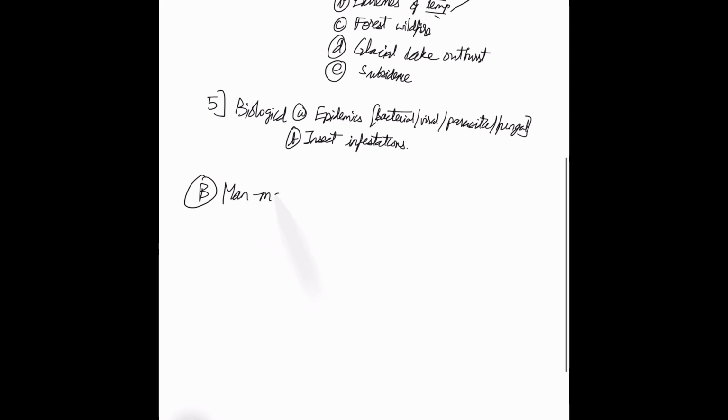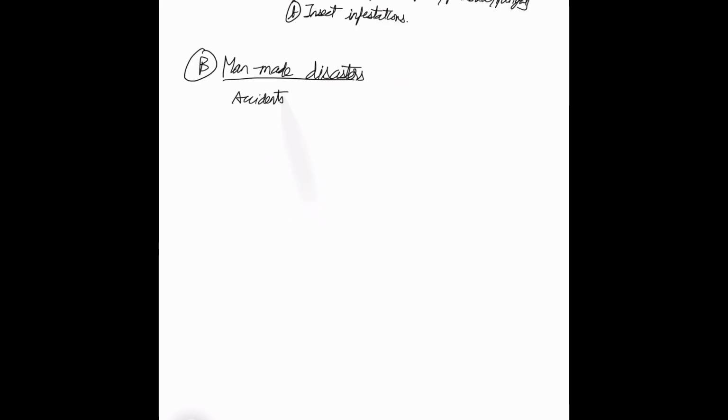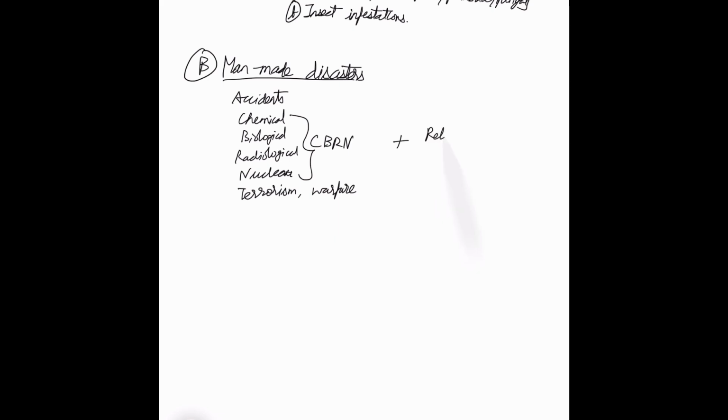like locusts, swarms. Now, moving on to man-made disasters, broadly we can categorize into accidents, chemical, biological, radiological, nuclear. These four are categorized as CBRN. Then terrorism and warfare.